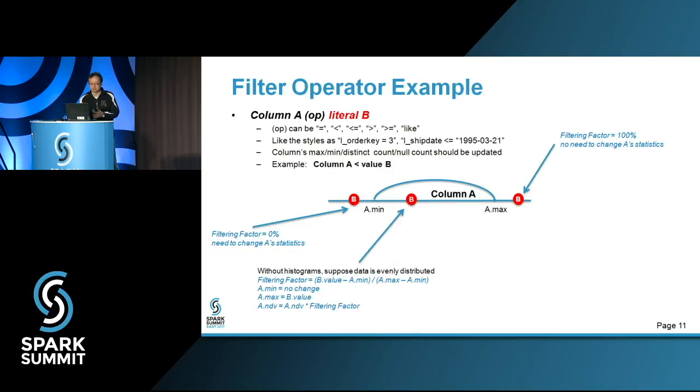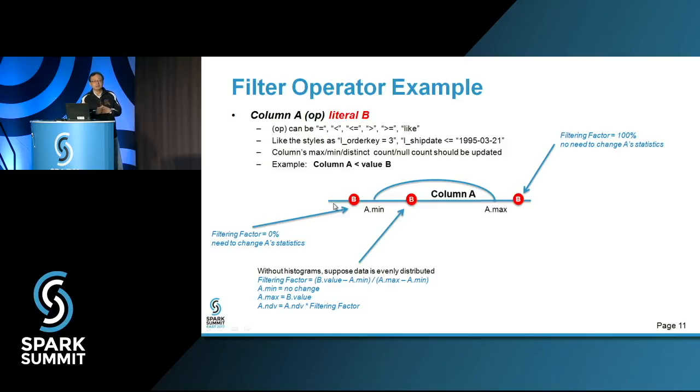Let me show you an example here. Suppose we have a column A, then there's an operator, then there's a constant literal B. Depending on where this value B is located, because for column A we know its range, its minimum value and also its maximum value.